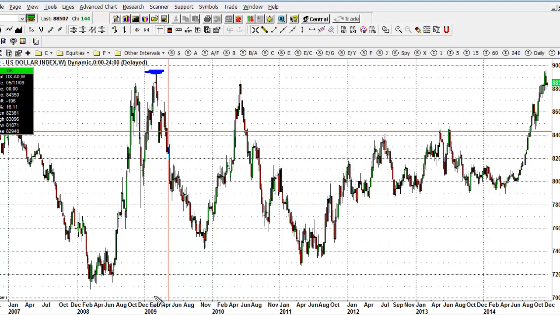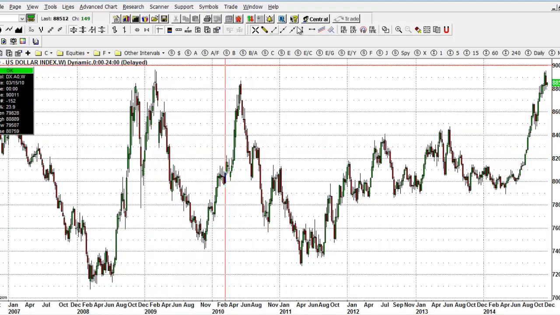This was made in about February of 2009, and we have another high slightly below this previous high, number 2, which was made in, I would say, about May of 2010. So what we have now is a third high, and the market is up against an area where we have seen the US dollar turn around.